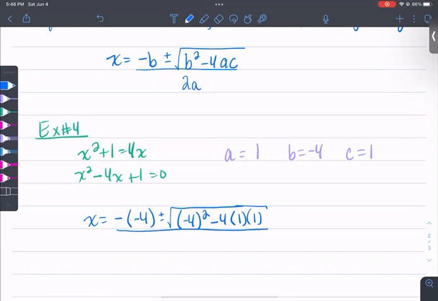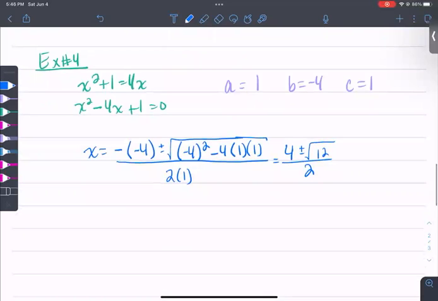All of that divided by 2 times a value is 1. So simplifying, negative 4 is positive 4, plus or minus, and then under my square root, negative 4 squared would be positive 16 minus 4, 16 minus 4 is 12, divided by 2. So that would be a correct answer, just not completely simplified.